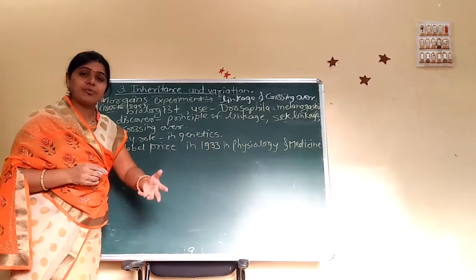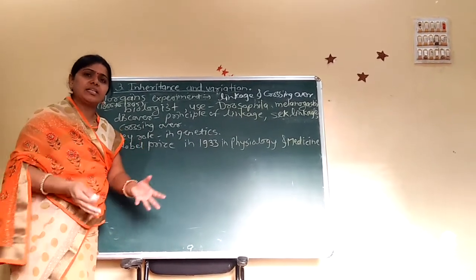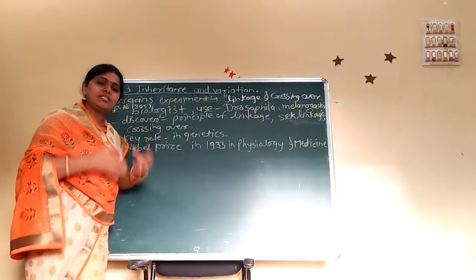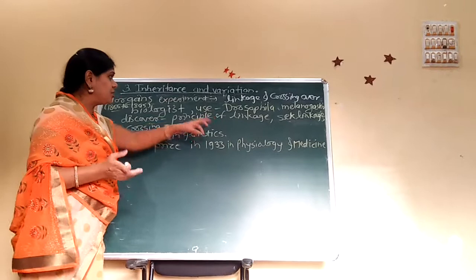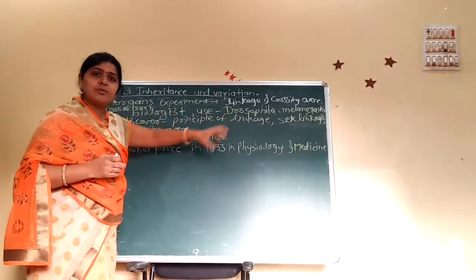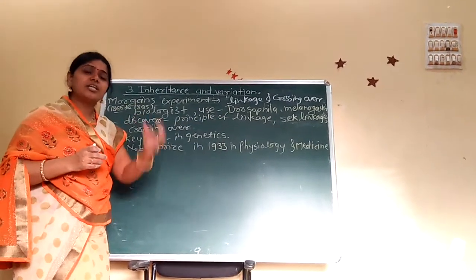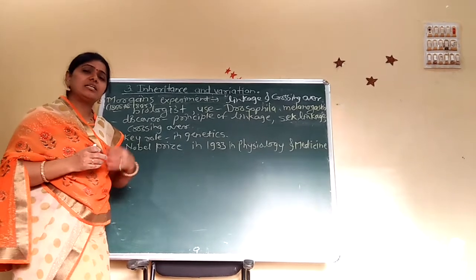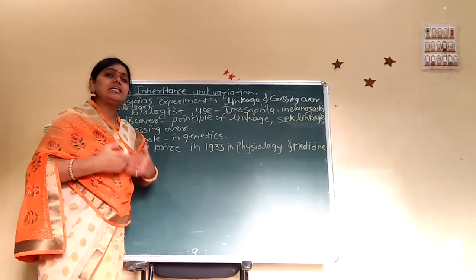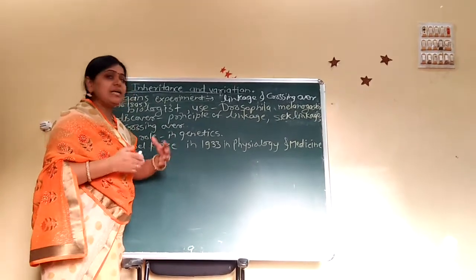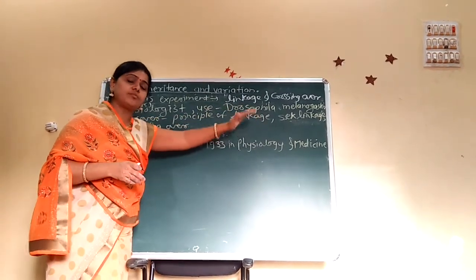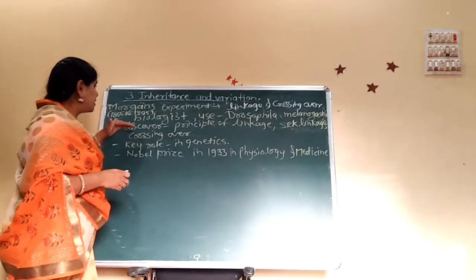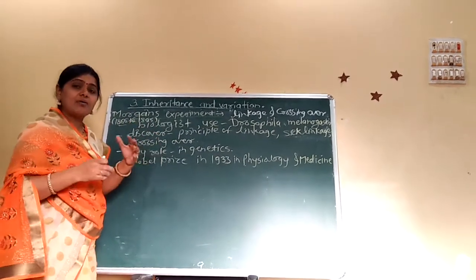They are produced in large numbers, and their lifespan is short. That's why he used it, to see results much more easily and earlier. That's why he used Drosophila melanogaster, the fruit fly. Here he discovered what he discovered.